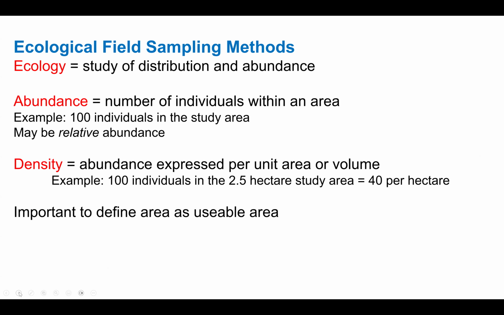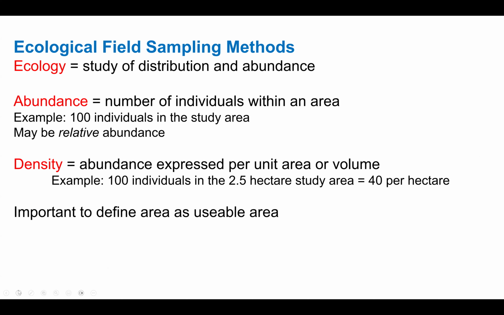So in the field for ecology, you're always looking at distribution and abundance of things. So remember the purple sage, we want to see how many there are, how far do they spread away from the water. Abundance is the number of individuals within that area, right? We can also look at relative abundance. Density is really expressed by how many are in an area, right?